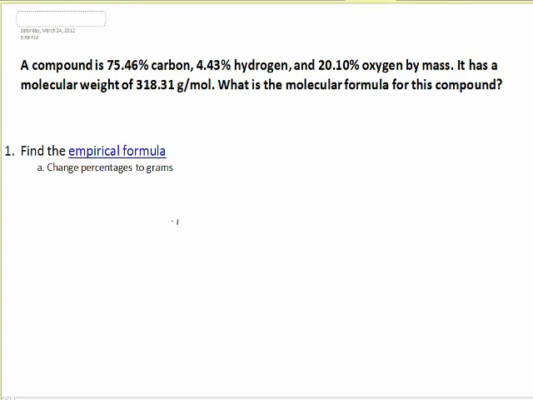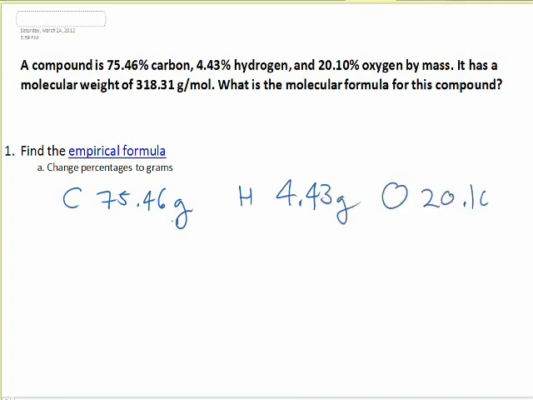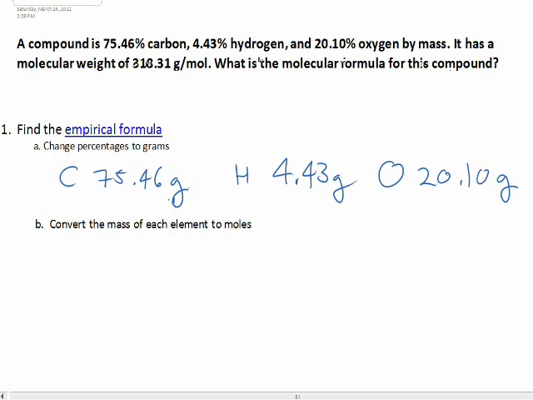To do that, we first change percentages to grams. So for carbon, we have 75.46 grams. For hydrogen, we have 4.43 grams. And for oxygen, we have 20.10 grams. Now we're going to convert these grams to moles.